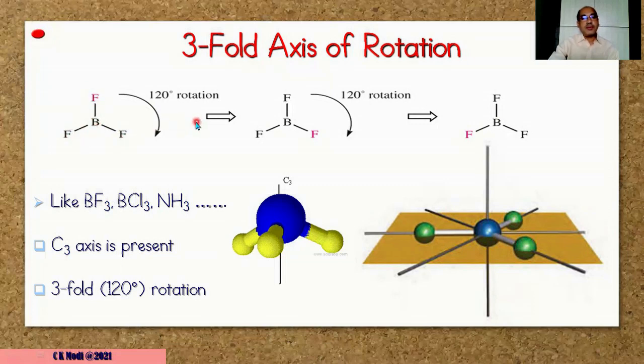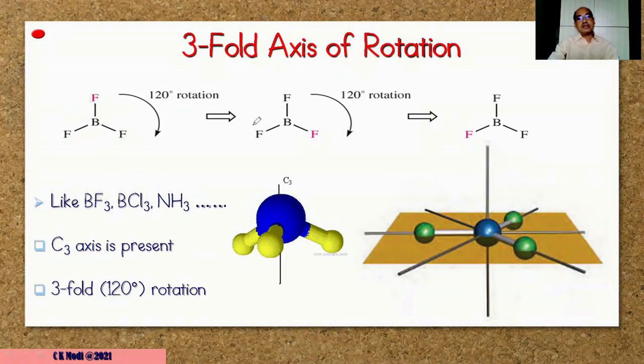Now, after performing a cyclic operation, if we pass an imaginary line through the center, and perform a cyclic rotation, what will happen? This F comes over here, this F comes over here, and this F comes over here.